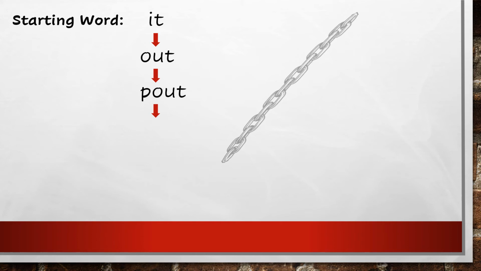Now, I want you to turn the word pout into the word bout. What do I need to change to make pout turn into bout? Go ahead and write that on your paper now.